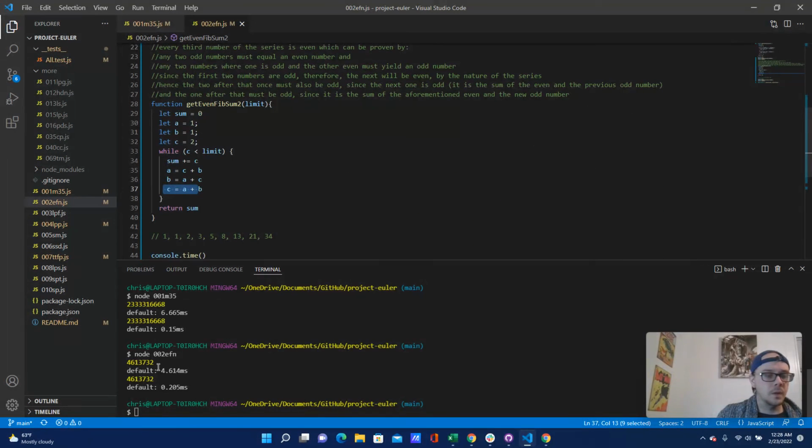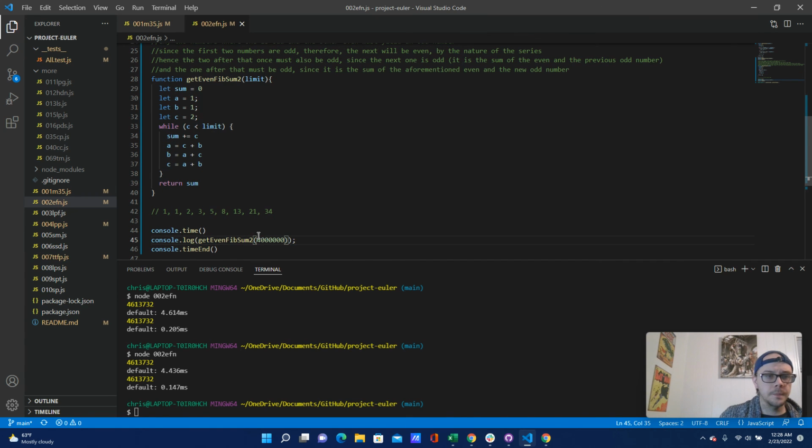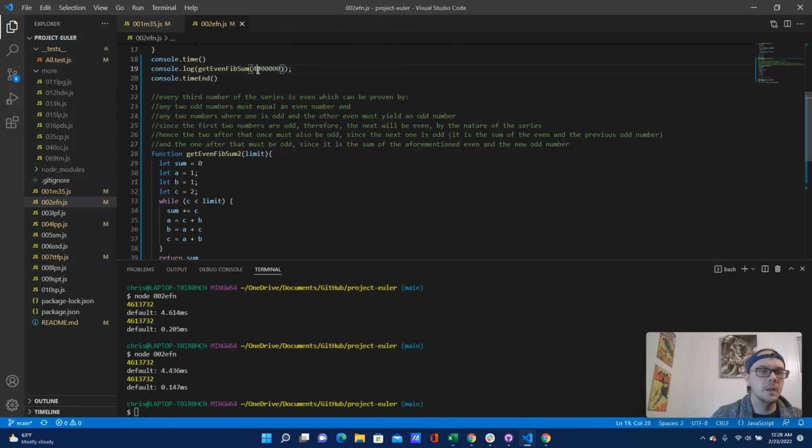Yeah, so if we give it a few more test rounds, we can see this is just significantly fast. I don't know how much bigger we could get this number. We can try feeding in an extra 0.